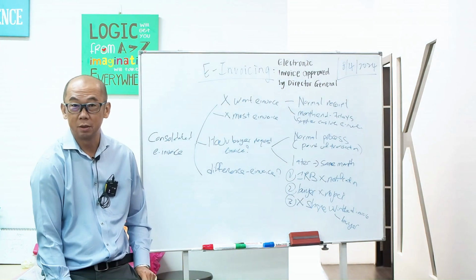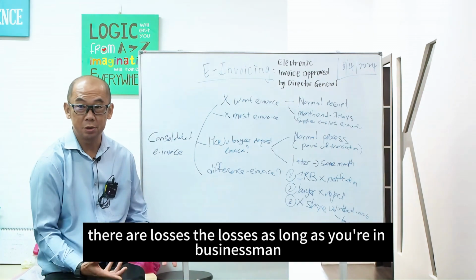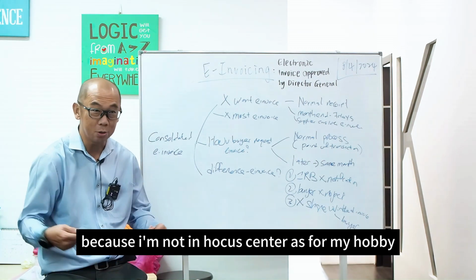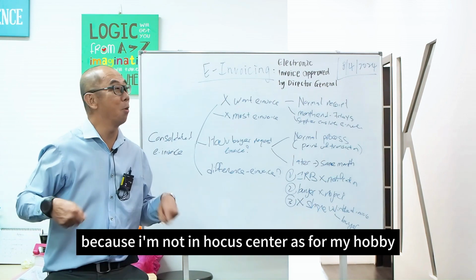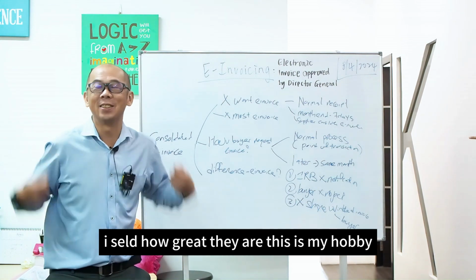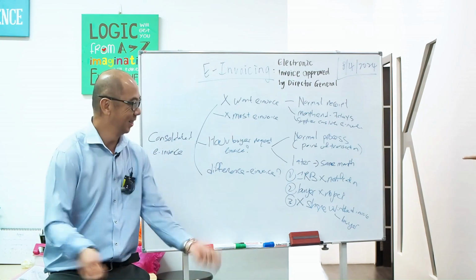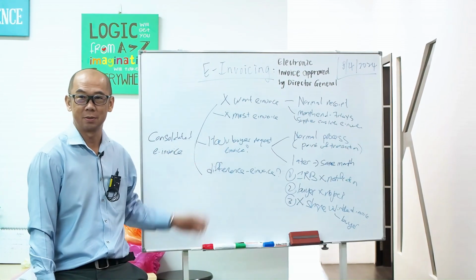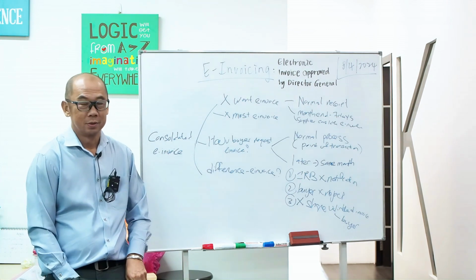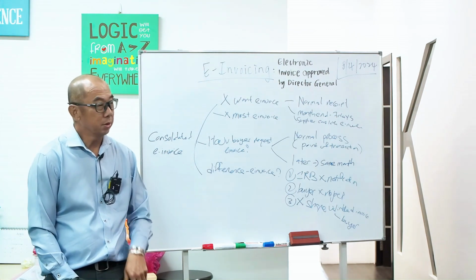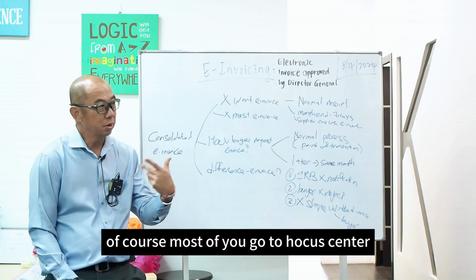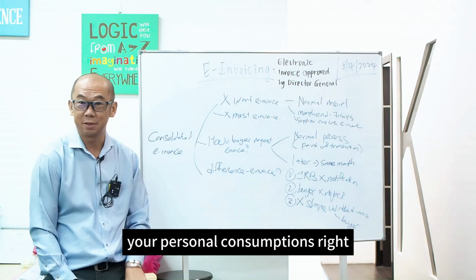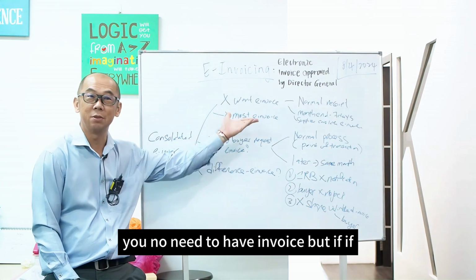Hawker center. Because the law says, as long as you're in business. I'm not in a hawker center, but as my hobby I sell chao kway teow. For this kind of business, they use consolidated e-invoicing. But it's very tricky, because if you go to a hawker center for your personal consumption, you don't need an e-invoice.